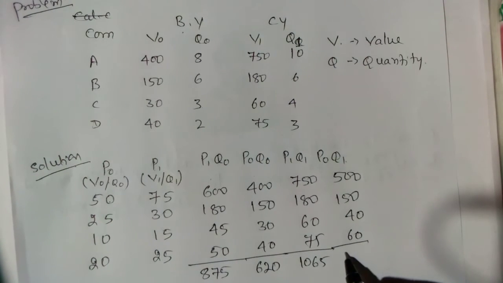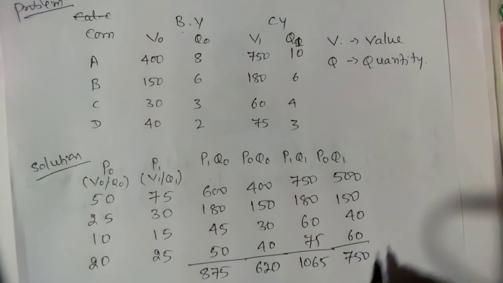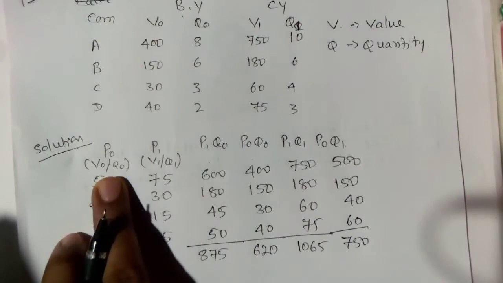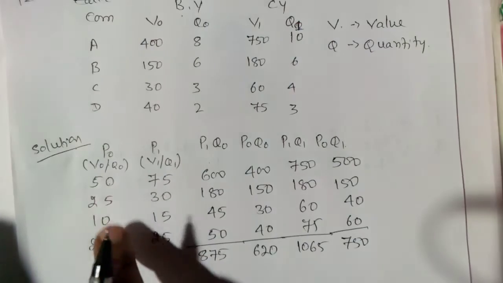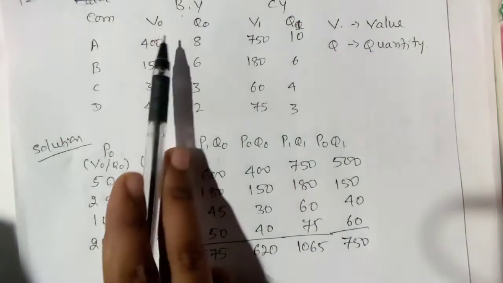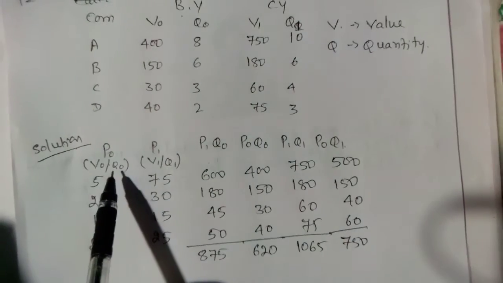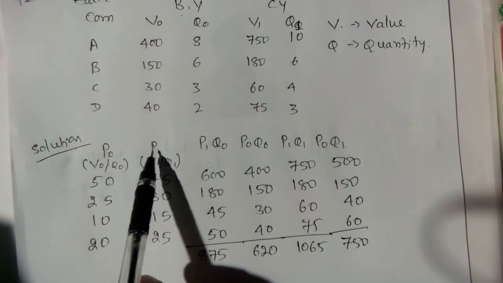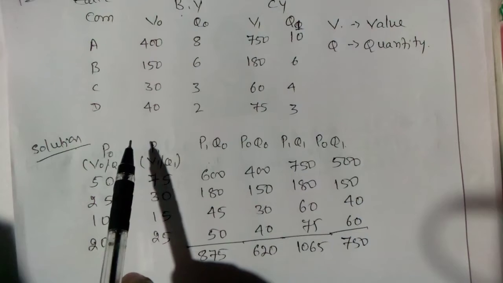Total will become 750. With the help of this, we have found p naught and p1 when they have been provided the value.